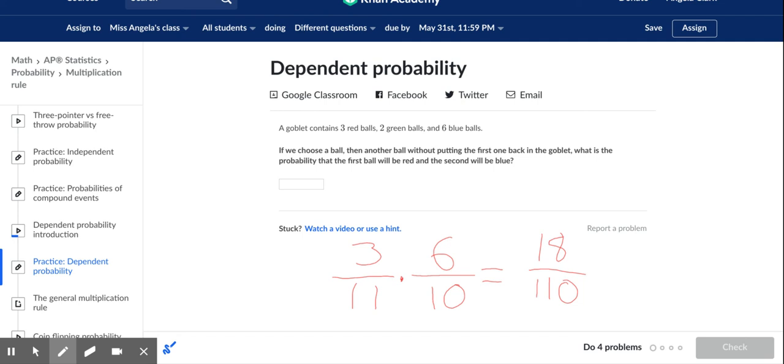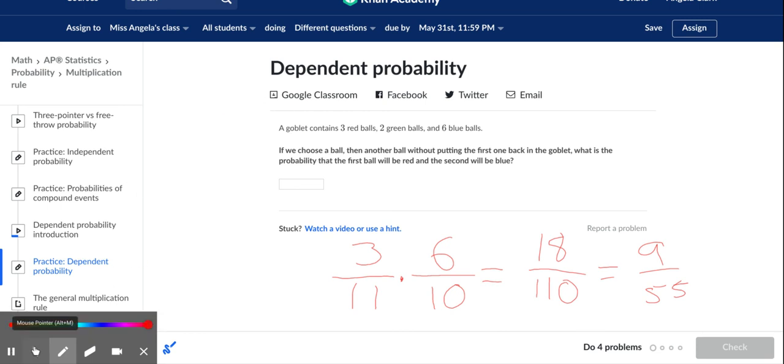It's a repeating number, so I'm definitely going to put that in as a fraction. So that's going to be 9 out of 55, I think, is the simplest we can go there.